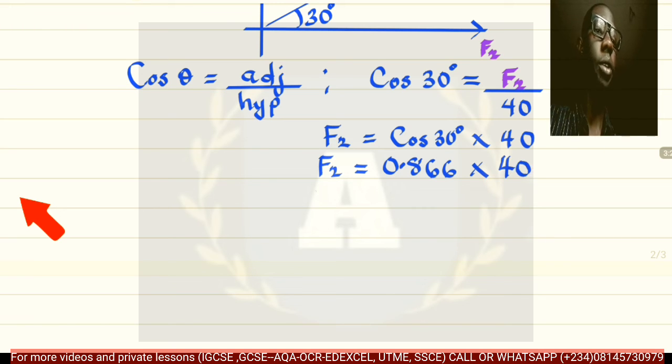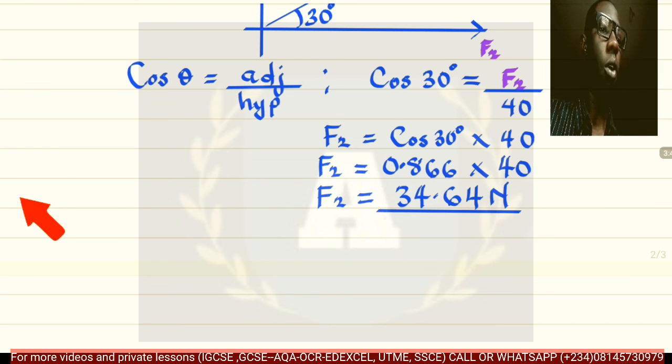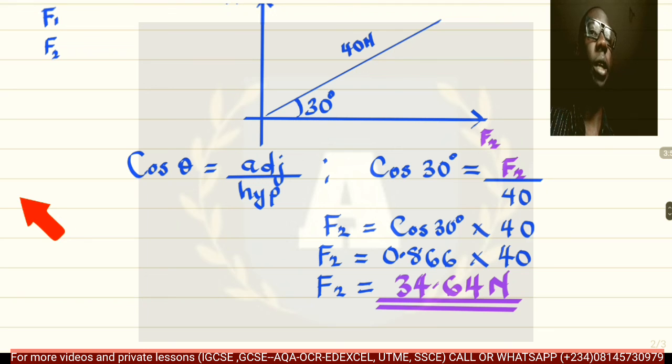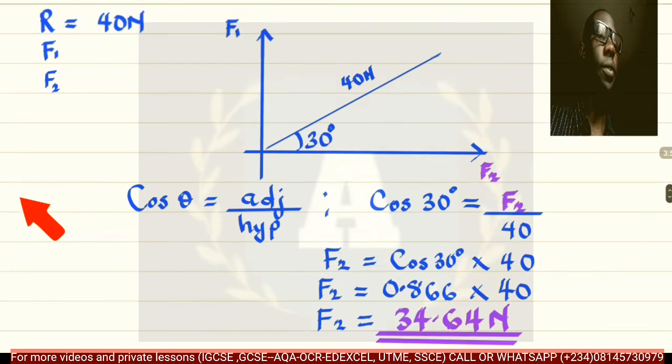So 0.866 multiplied by 40 is 34.64 Newton. All right, that is the magnitude of that side that makes an angle of 30 degrees with the resultant. So our F2 is 34.6. All right, thank you.